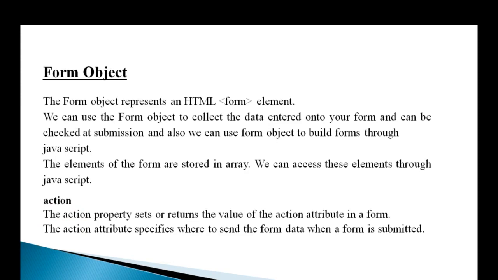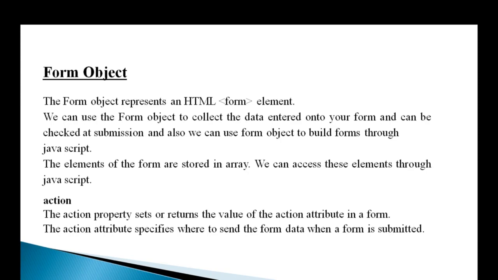Next, coming to the form object. A form object represents an HTML form. In our previous classes, we have learned about form elements like radio, radio group, text input box, text area.